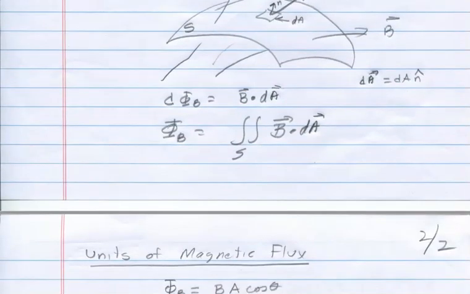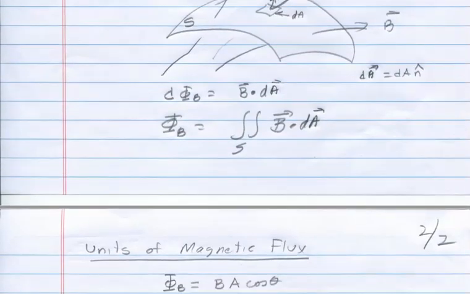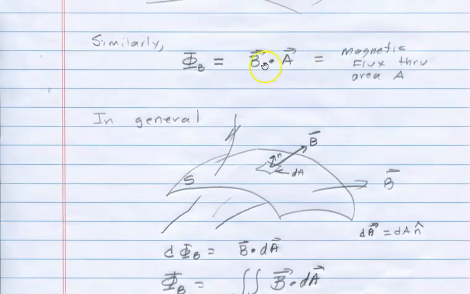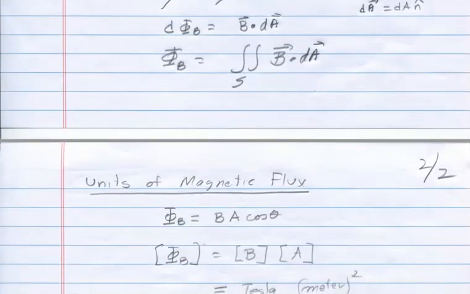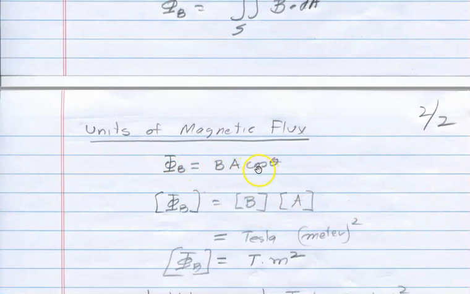Let's look at the units of magnetic flux, and I can get that from either one of these. Let's take this one. The magnetic flux is B dotted into the area. And remember, one way to write the scalar product is the magnitude of B times the magnitude of A times the cosine of the angle between the two. So there's that relationship. Now then, just look only at units.